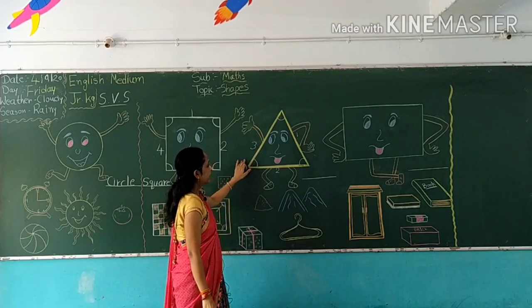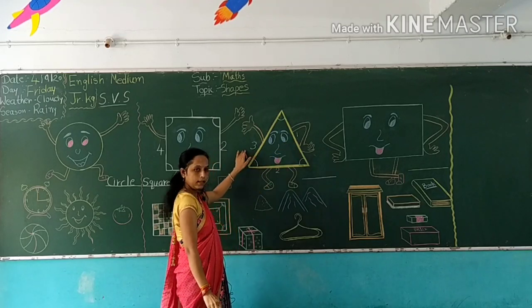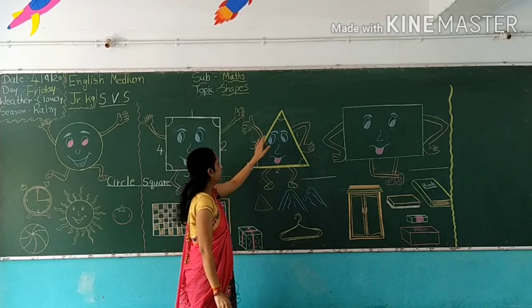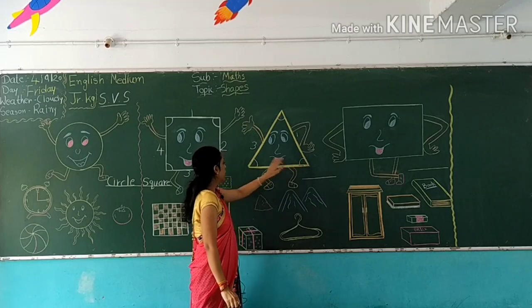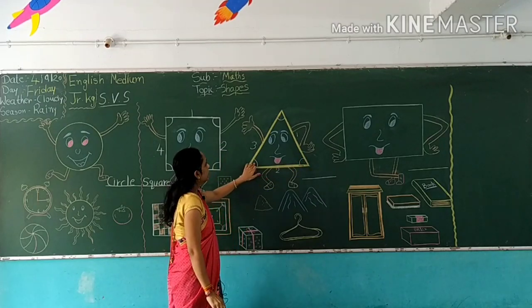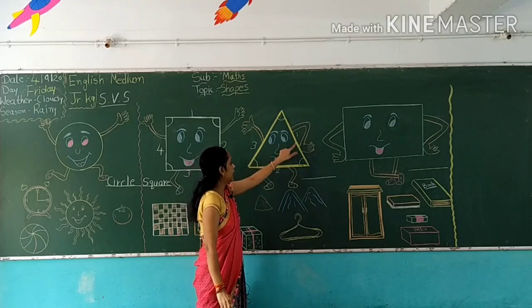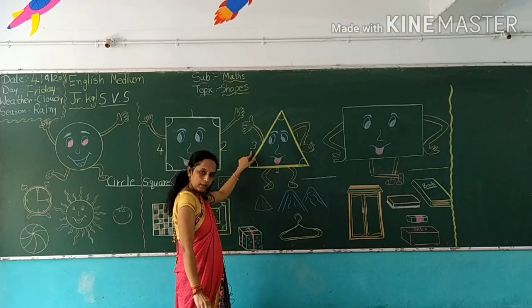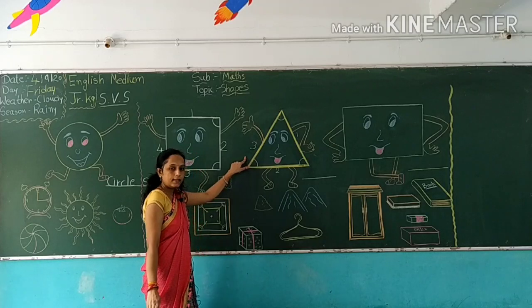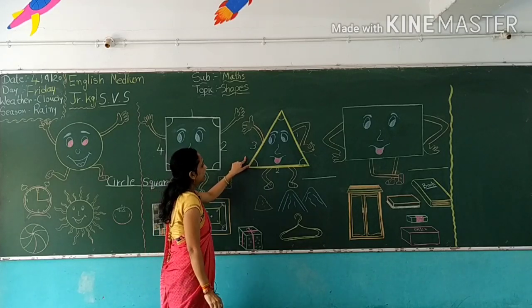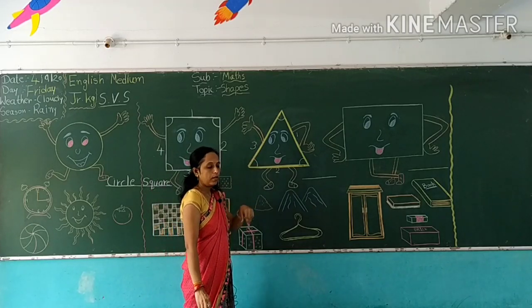It has 3 sides, 1, 2 and 3, and it has 3 corners, 1, 2 and 3. These are corners, 1, 2 and 3, and sides 1, 2 and 3. Which shape is this? This is a triangle. It has 3 sides and 3 corners.